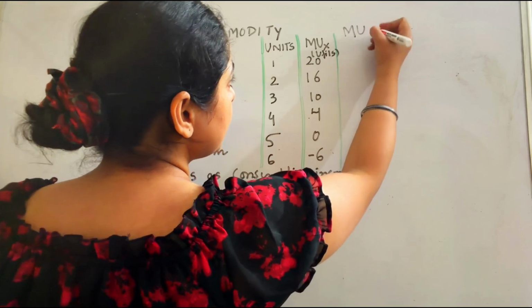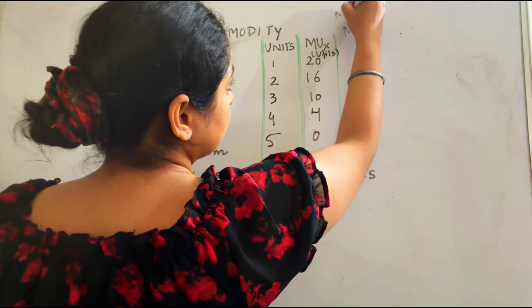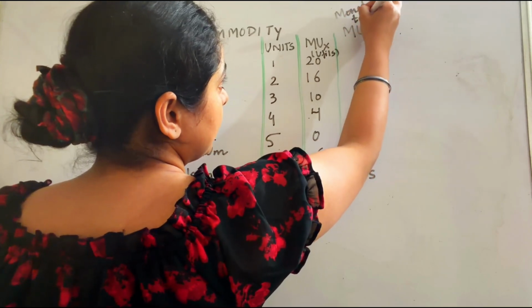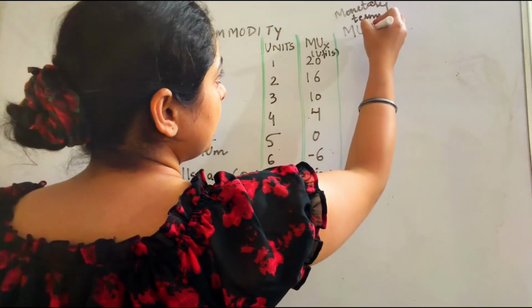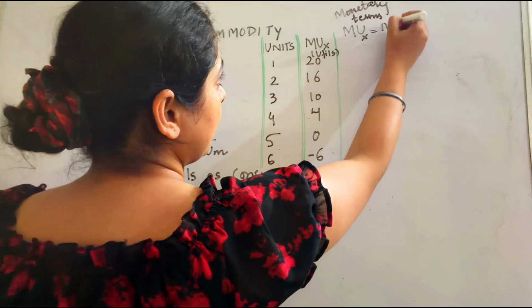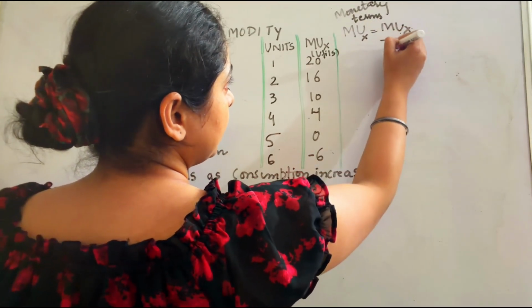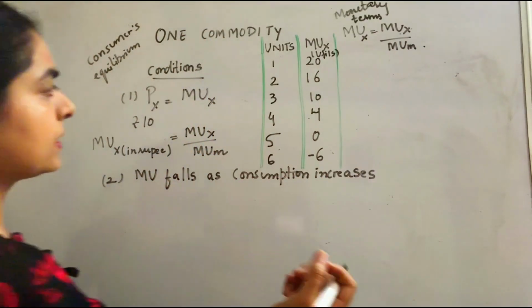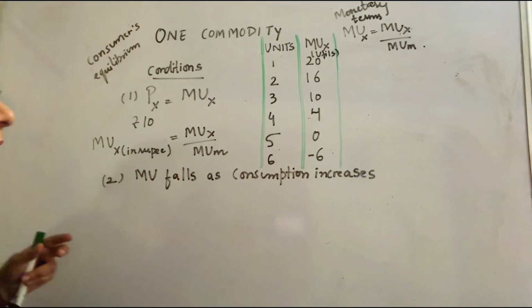Marginal utility is now converted into monetary terms. Marginal utility of X in monetary terms is basically MU of X divided by marginal utility of money, the marginal utility of a rupee in this case, which we have assumed to be 1 only.